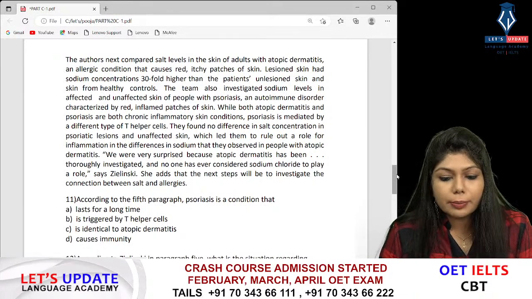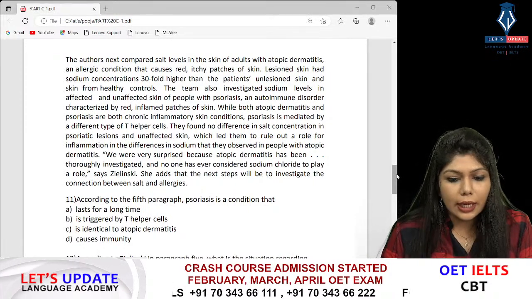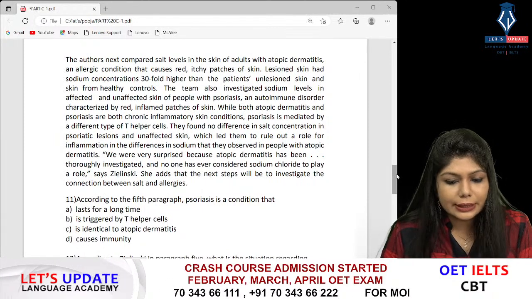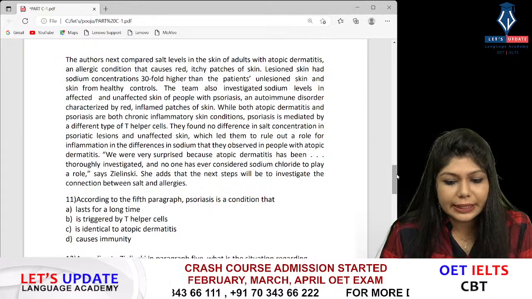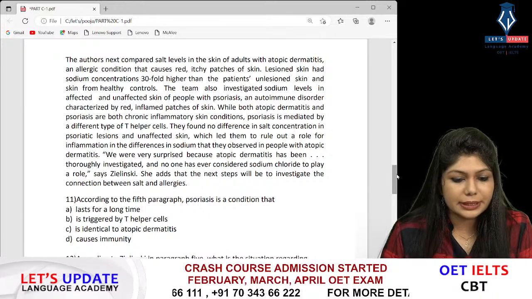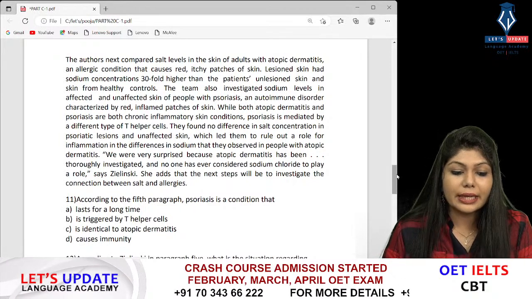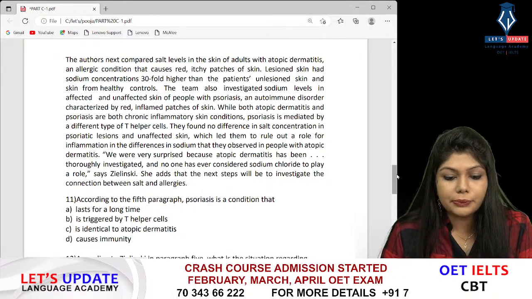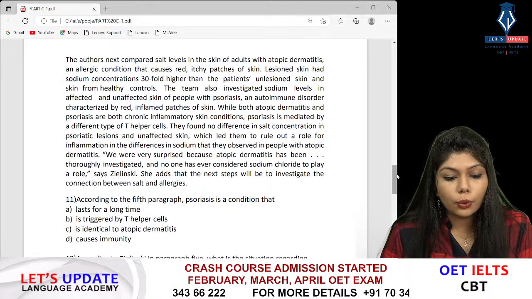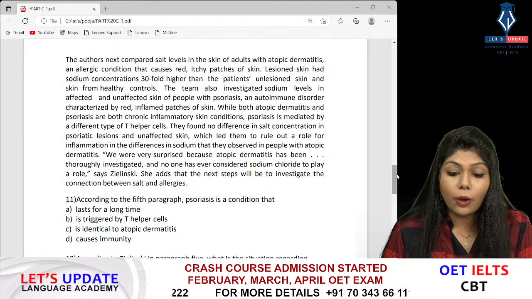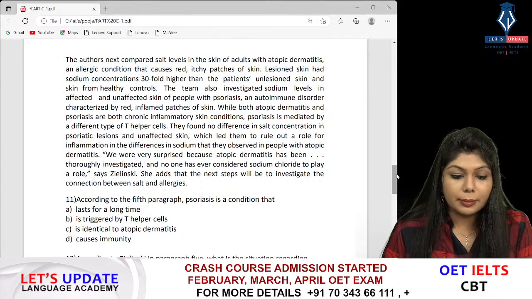While both atopic dermatitis and psoriasis are chronic inflammatory skin conditions, psoriasis is mediated by a different type of T helper cell. They found no difference in salt concentration in psoriatic lesions and unaffected skin, which led them to rule out a role of inflammation in the differences in sodium that they observed in people with atopic dermatitis.